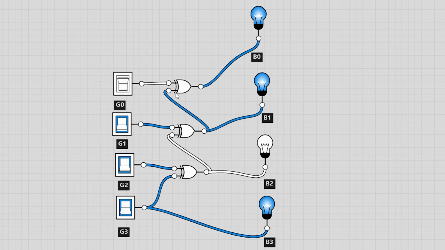Now the last input, G3 as 1, G2 will be 0, G1 will be 0, G0 will be 0. B3 will be 1, B2 will be 1, B1 will be 1, B0 will be 1. As we can see, the previous simulation values are equal to this simulation.